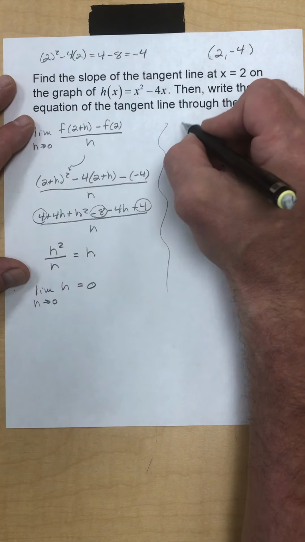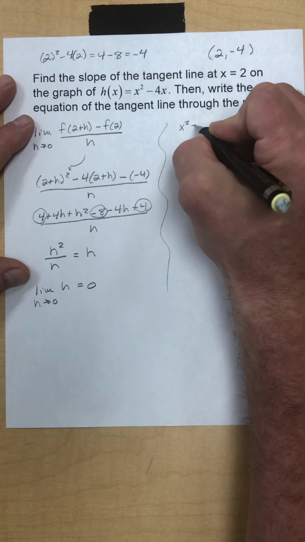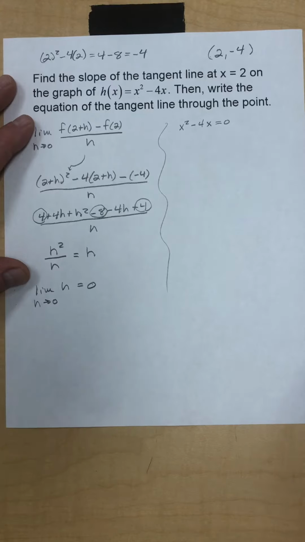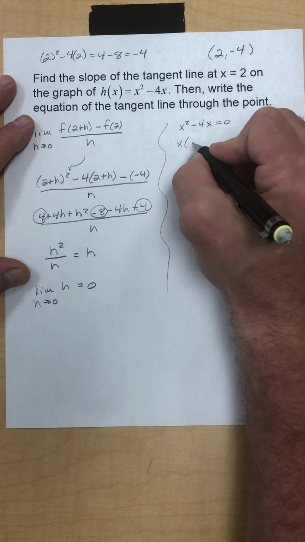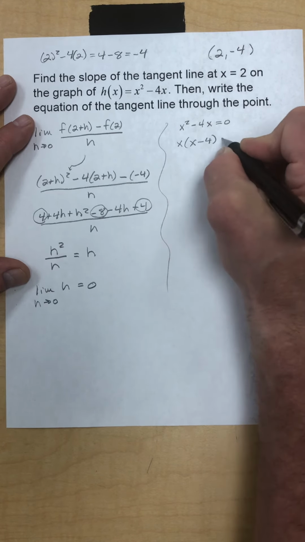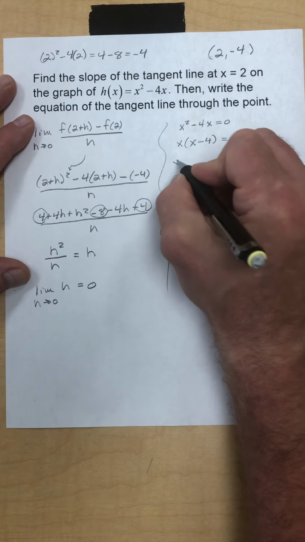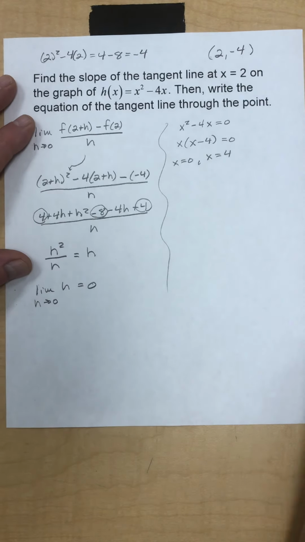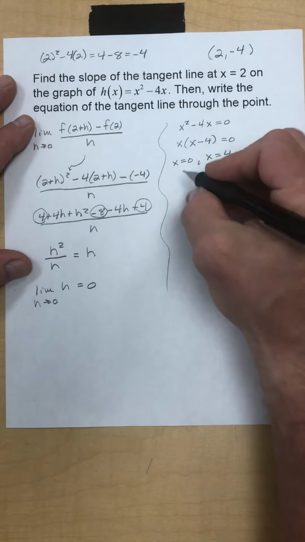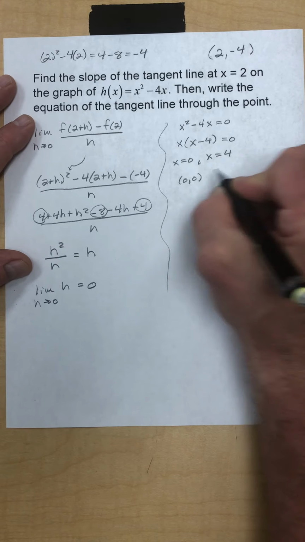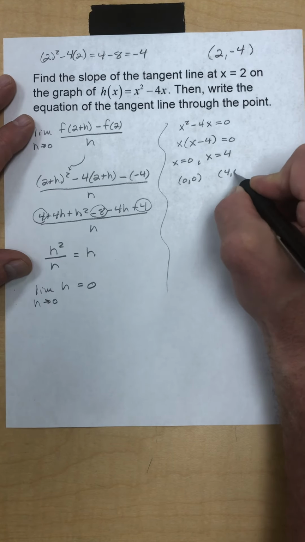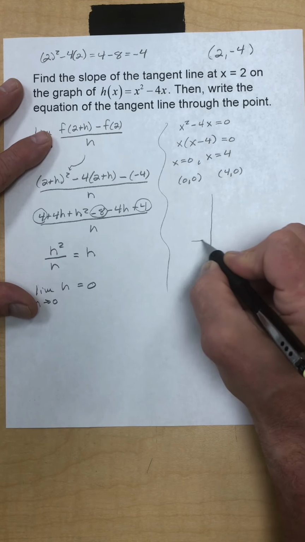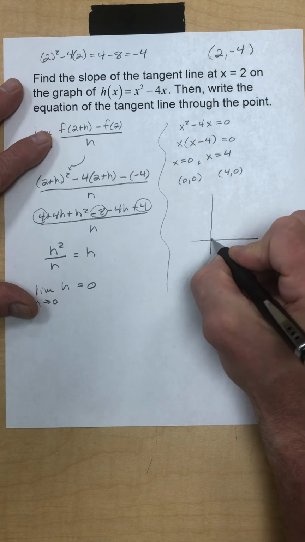If I take x squared minus 4x and set that equal to 0, factor out an x, I get x times x minus 4 equals 0. So I get x equals 0 and x equals 4. So my two roots, or x-intercepts, will happen at (0, 0) and (4, 0).